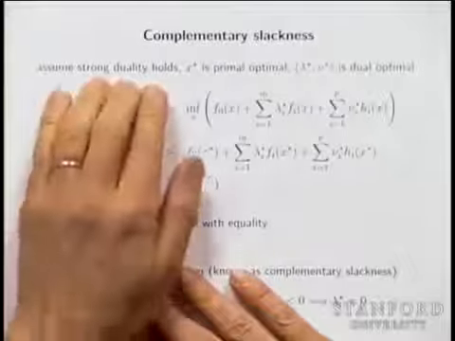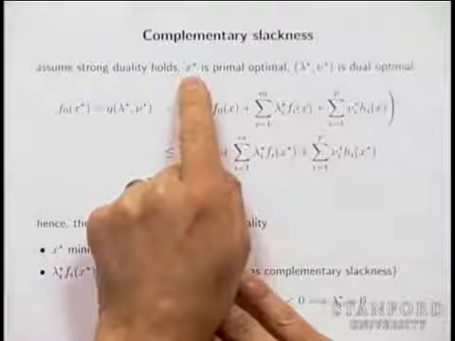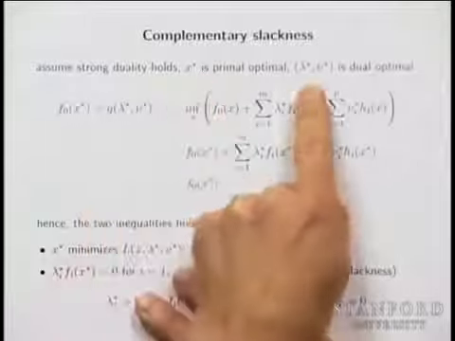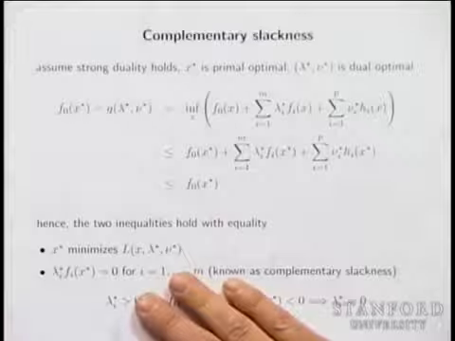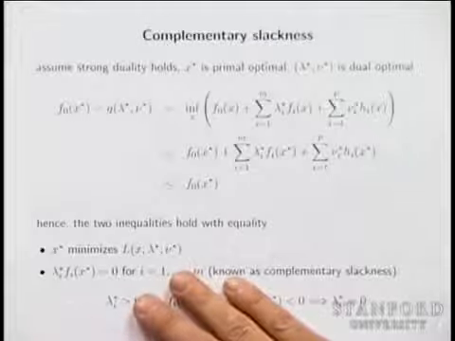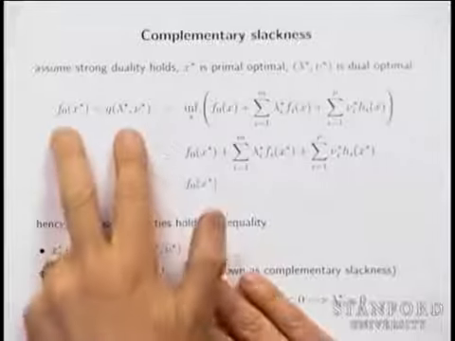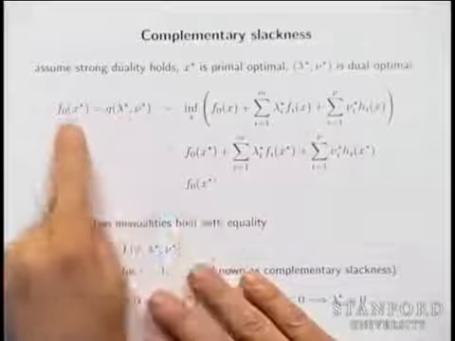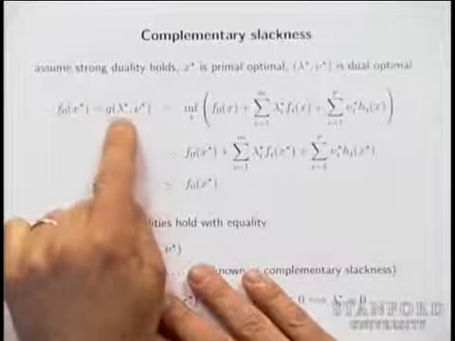Okay, so assume strong duality holds. Now what that means is we have a primal optimal point, x star, and we have lambda star, nu star, which are dual optimal. These are just any primal optimal, any dual optimal point. And of course, what strong duality means is that the value achieved by x star, which is feasible, is equal to g of lambda star nu star.